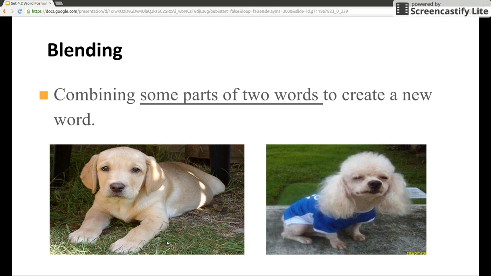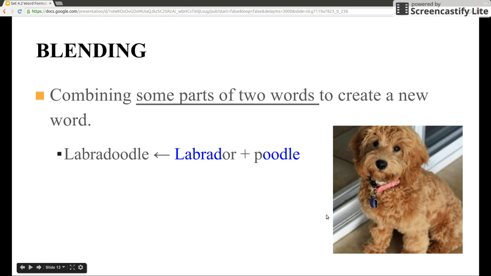Okay, the final way of creating a new word is called blending. Blending simply means combining some parts of two words to create a new word. For example, if we have two breeds of dogs, we have Labrador and Poodle, and we put these two dogs together, we can make a new word as well.